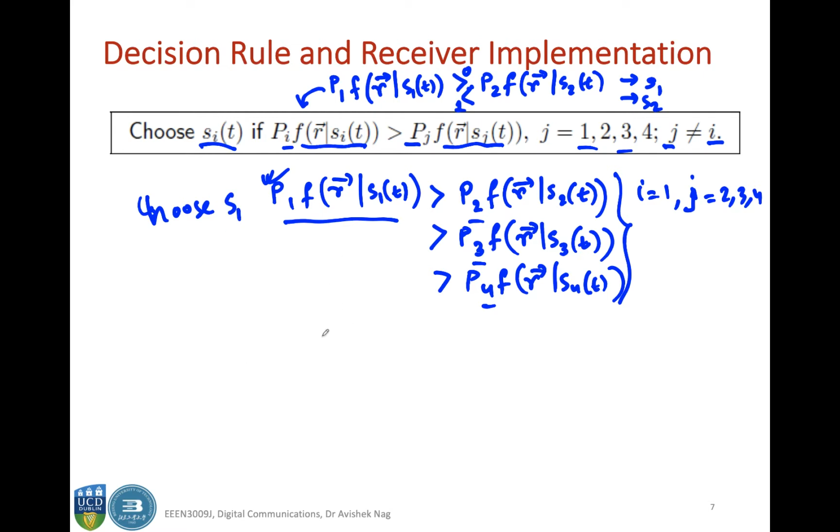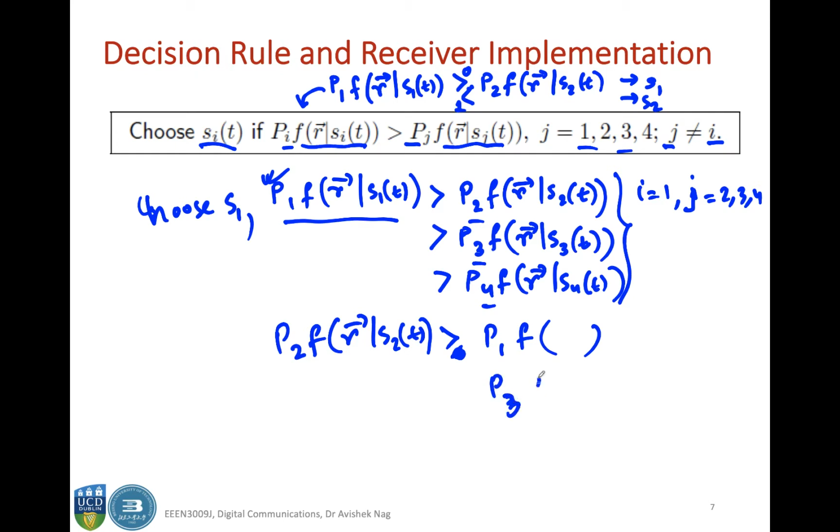Now if P2 f of something, if this part is greater than all the other terms, P1 times this, P3 times this, P4 times this, where these functions are like this, then you choose S2.